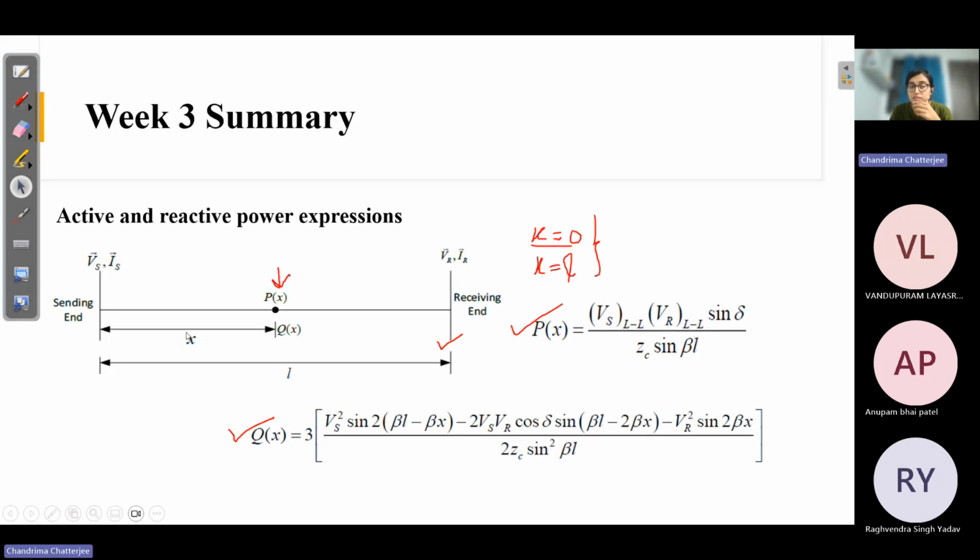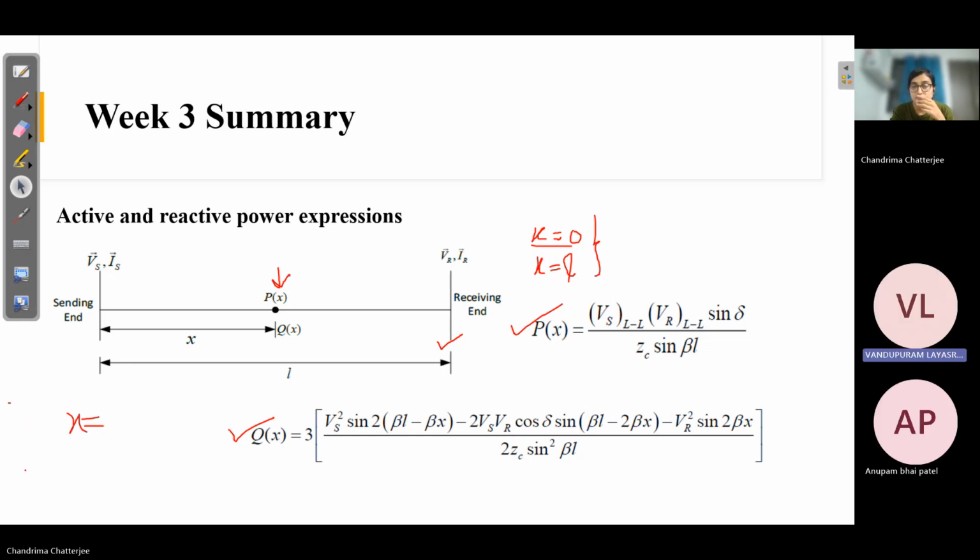So what you do is, tell me, what will be x at the midpoint? Midpoint, definitely it will be 400, ma'am. But if I change the value of x, not 400, if I keep 200 or 300, then I am not getting the reactive power correctly, ma'am.